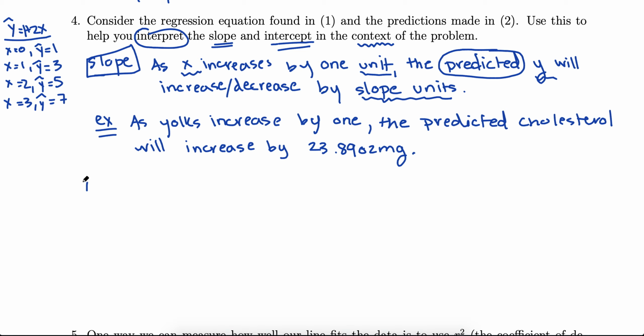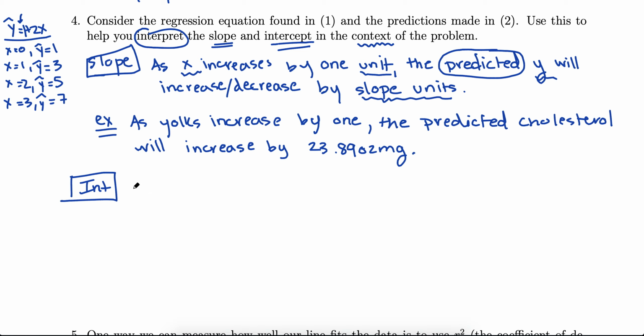All right, let's try interpreting the intercept. So interpreting the intercept, notice the intercept here is 1. And I get the intercept of 1 for my predicted value when I plug in 0 for x. That second term goes away and I'm left with the predicted value is 1.